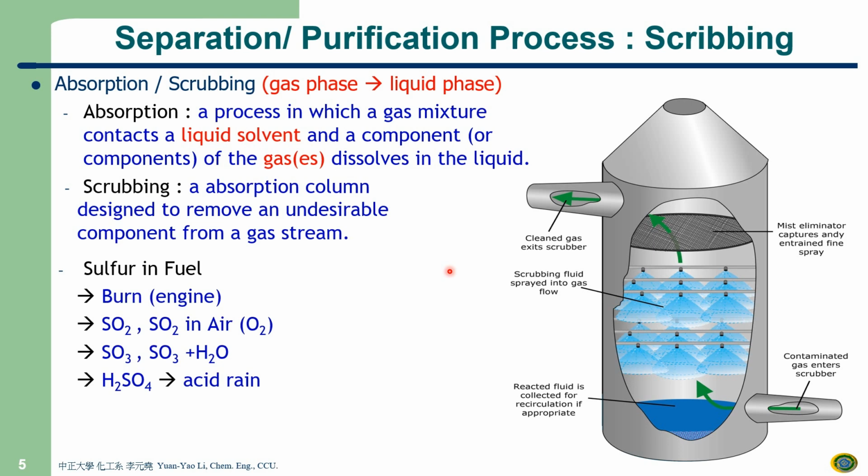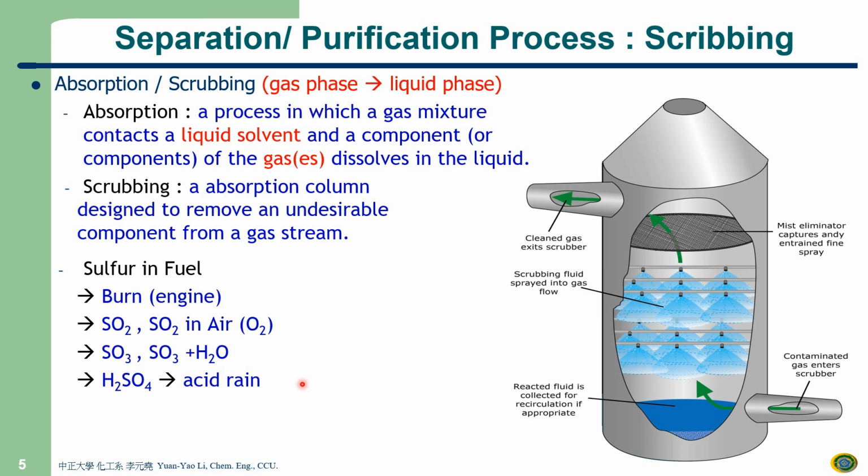So this causes pollution, because the coal contains sulfur, and if you burn the sulfur, it becomes sulfur dioxide in the air. And then if the sulfur dioxide has contact with water in the air, it becomes H2SO4, which is called sulfuric acid. And this is what we call acid rain.